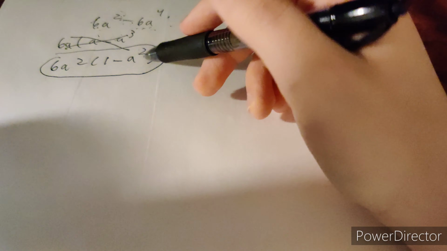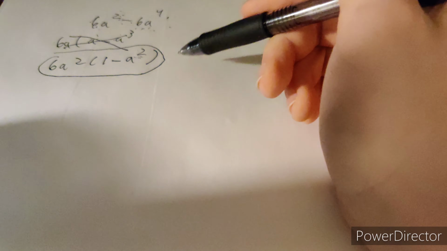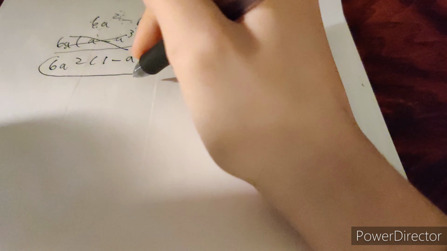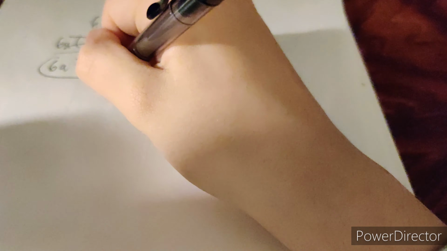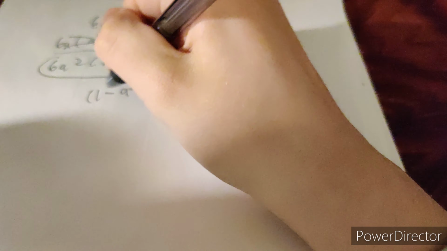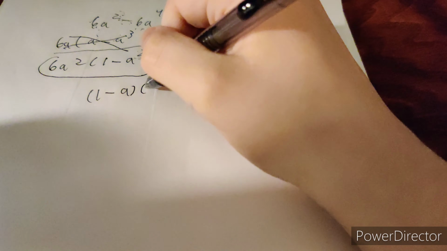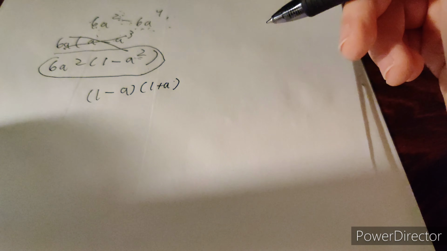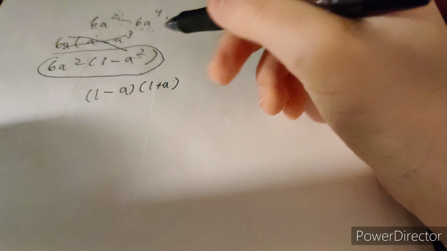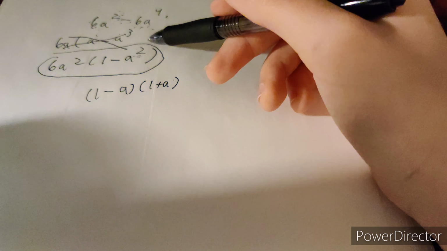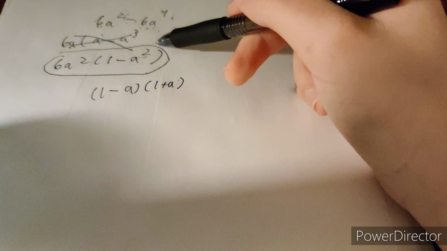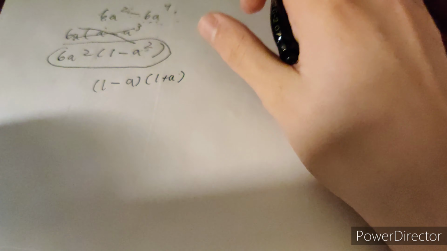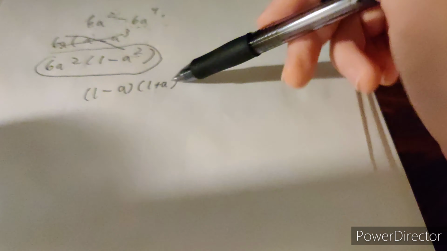Aha! But now you see, we still have an exponent, and we don't want that exponent. So we're going to simplify this even more. 1 minus a squared is equal to 1 minus a times 1 plus a if we use that same method that we used before, where we take the square root of this one and the square root of this one, and you get them.